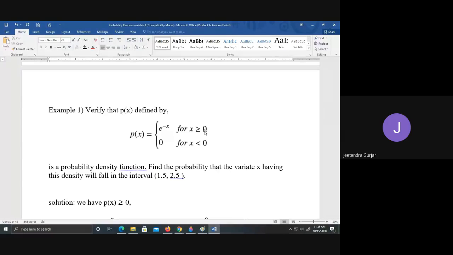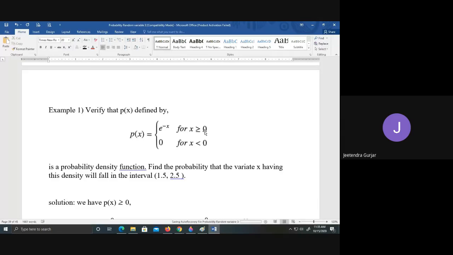And they have already told you to find the probability density function. So they are asking you to identify the probability density function, and here they are telling you to find the probability of that variable. If you have written the question, we'll start solving this problem now.